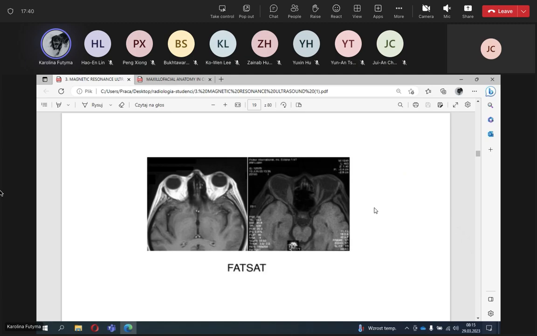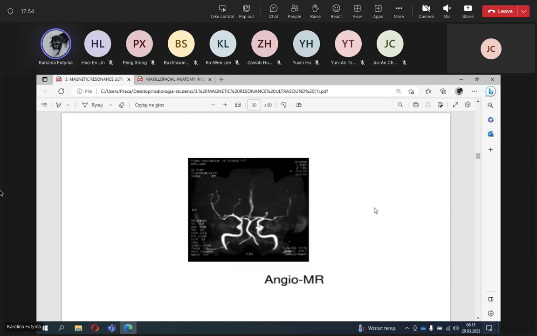So the brain is not the best visualized in this image, but our fat tissue is a little bit more visible. Okay, this is of course another MRI with the contrast. Here we have an angio MRI focused mostly on vessels in the brain.